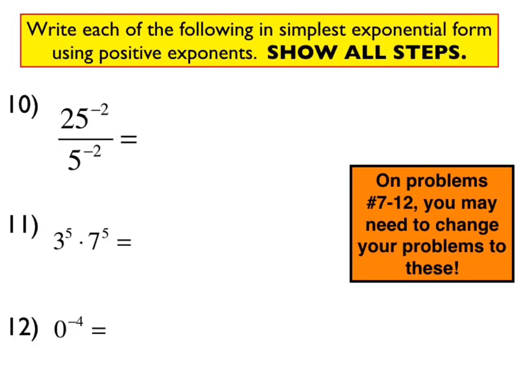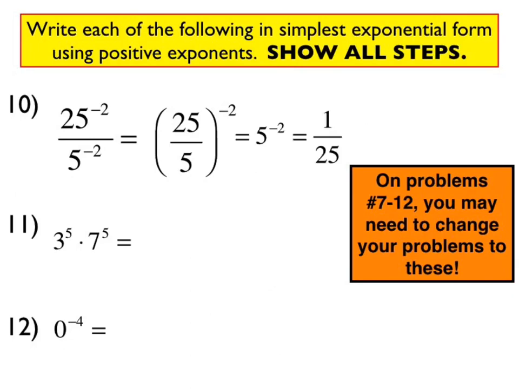So number 10 applies one of these new rules. Yes, the bases are different, but the exponents are the same. So we apply that rule. And 25 over 5 is 5, so we end up with 5 to the negative 2. But remember, we can't leave it like that. I guess I should have left that as 1 over 5 squared. I'll have to change that. Yeah, I should have left it as 1 over 5 squared because it does say simplest exponential form. In number 11, we're applying, once again, one of the new rules.